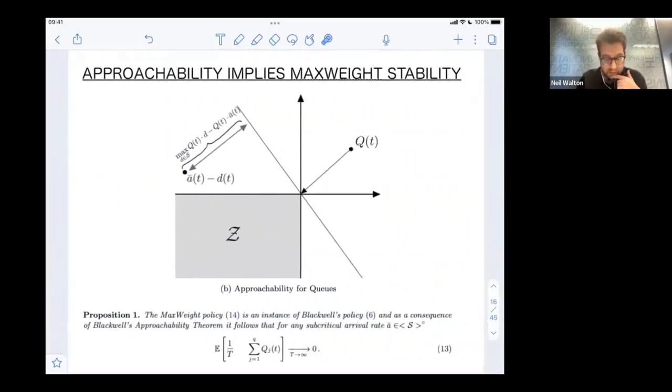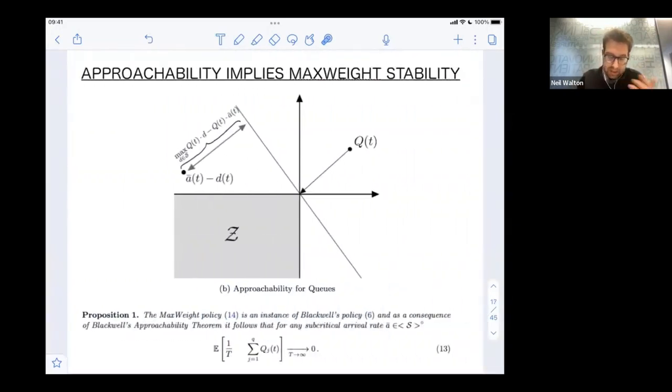What we argue in the paper is that the reason it has these nice stability properties is that it's an instance of the adversarial Blackwell approachability theorem. You can take your queue size vector, and you want the queue sizes to be small or negative, over here. What the max weight decision is always trying to do is maximize the gap over this hyperplane after we project.